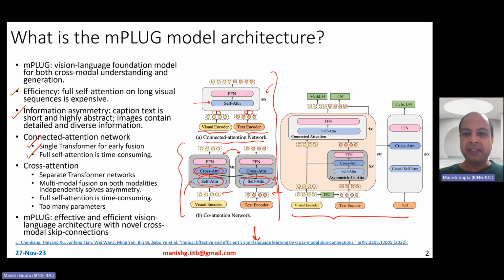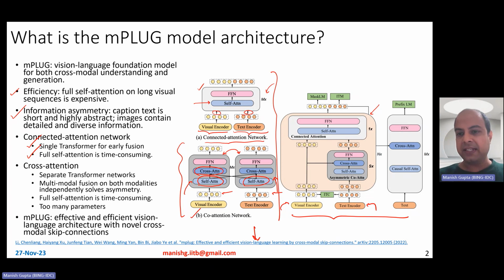Now let's look at how mPLUG does this efficient and effective vision language modeling. It also has a vision encoder and a text encoder. However, rather than having either the connected attention or the co-attention network architecture, it has the mPLUG architecture.